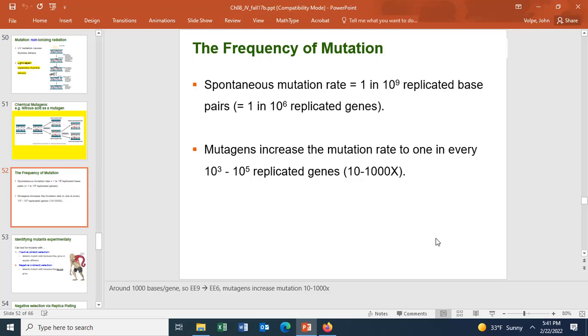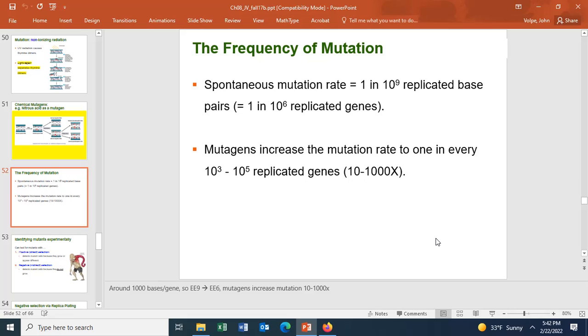Now, a gene has about 1,000 nucleotides. So that means the mutation rate for a gene is 1 in 10 to the 6th, or the frequency of a mutation for a gene is that one gene will be mutated out of 1,000,000 genes.